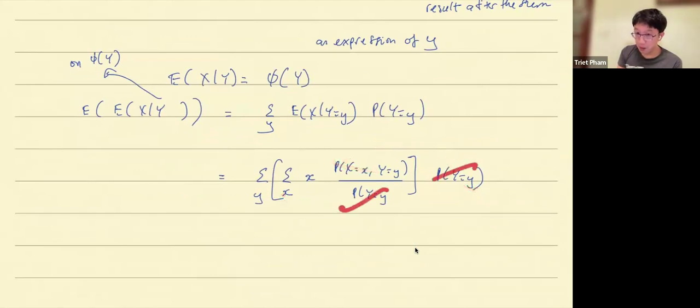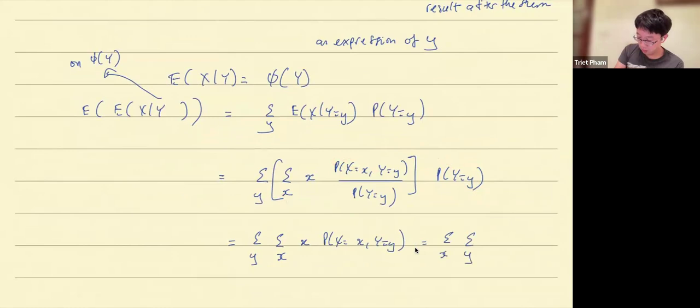If it goes inside, it cancels, so we got this. What else? We can switch the order of the sum. And if we switch the order of the sum, the x can be factored out as a constant in terms of y.